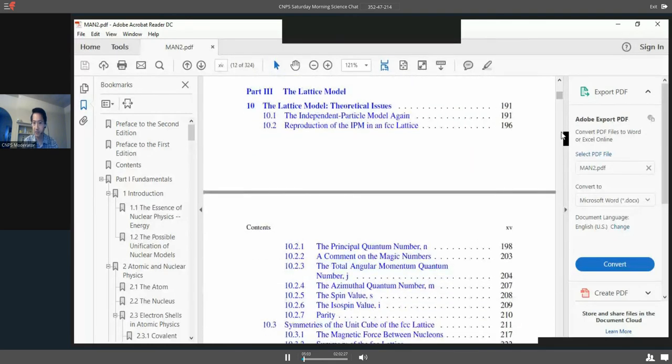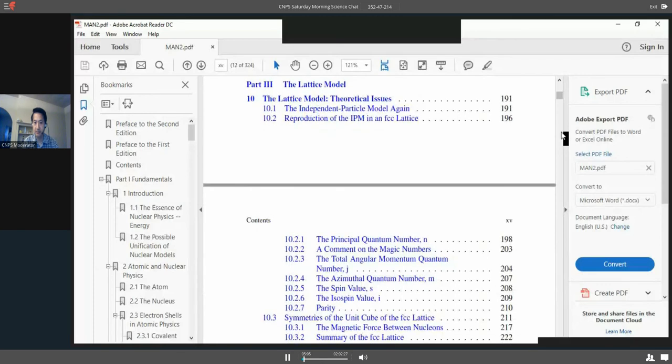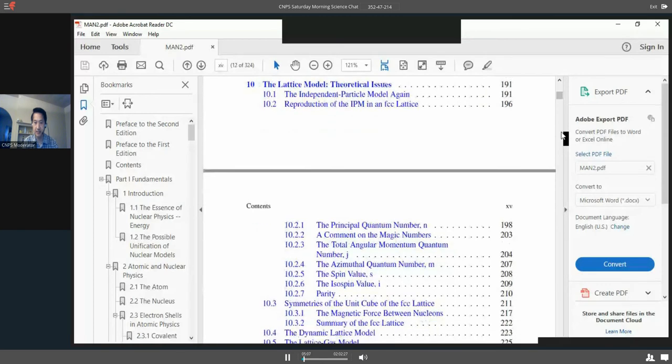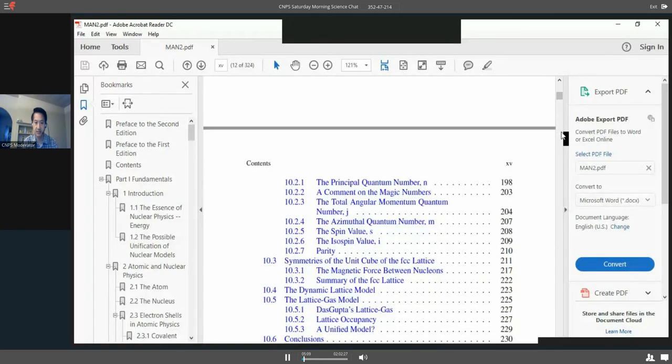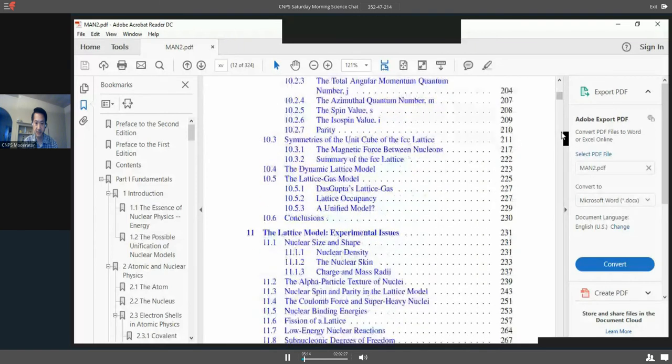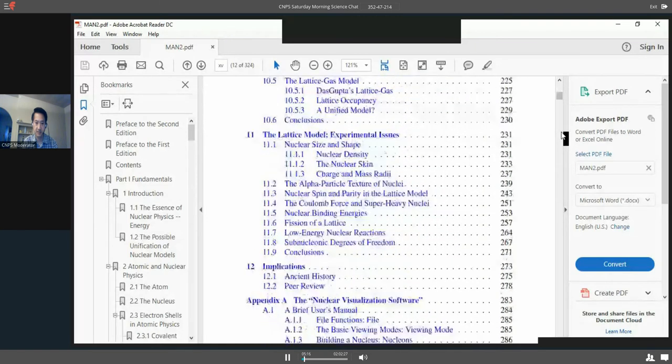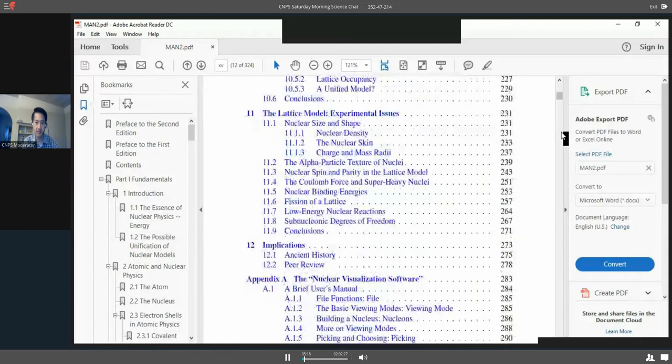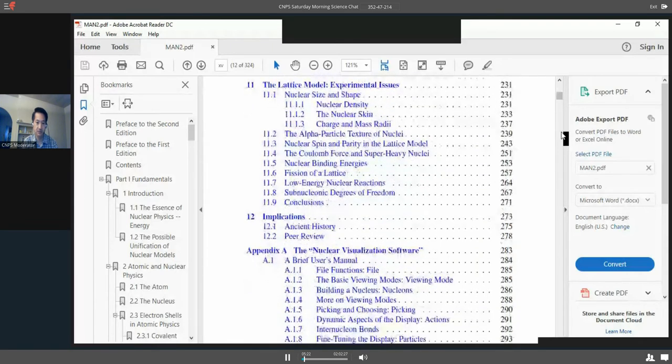Then he discusses his own model, which is in this section here. And he has experimental issues based on his lattice model.